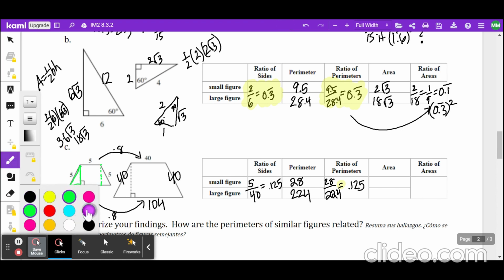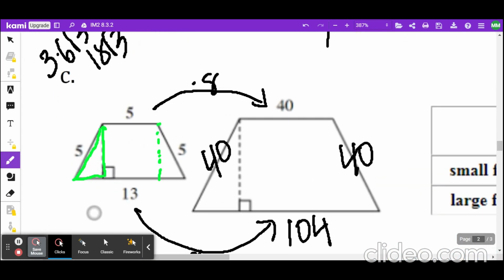So I'll do it as, this is a length 5. This is length 13 minus 5, which is 8. And to make a total of 13, and considering that these two lengths should be the same, since this is an isosceles trapezoid, I know that we need 5 minus 13.